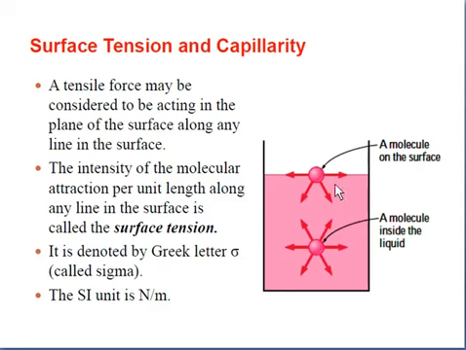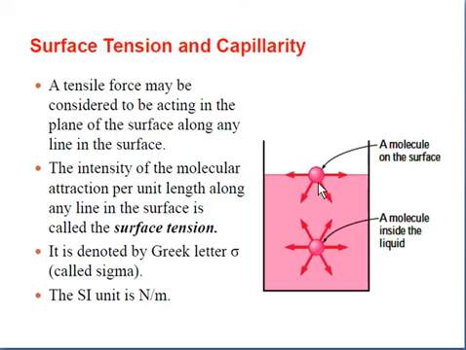Here the liquid is placed in a container. This is the container and this is the fluid. Here we are considering two particles. Particle number 1 is submerged in the liquid, and particle number 2 is at the surface of the liquid.